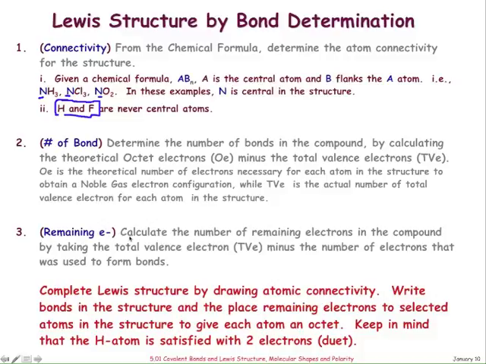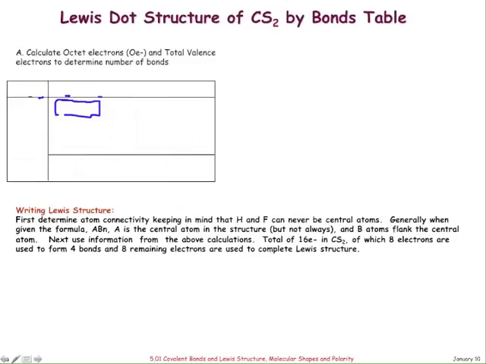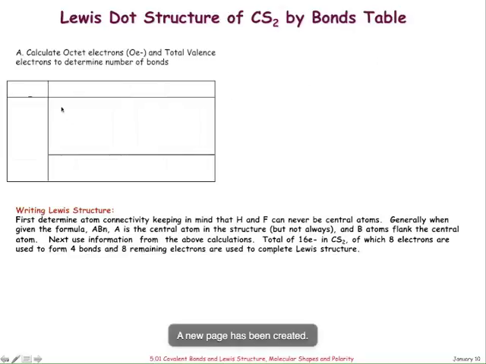So the way I like to go about this is with something called the bond table. And the bond table is simply that. We put the formula that we're going to be writing right here, and we make a table that looks like this.